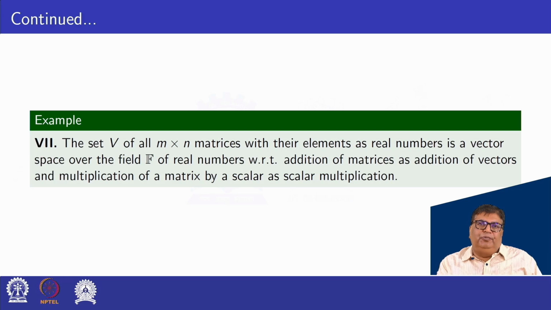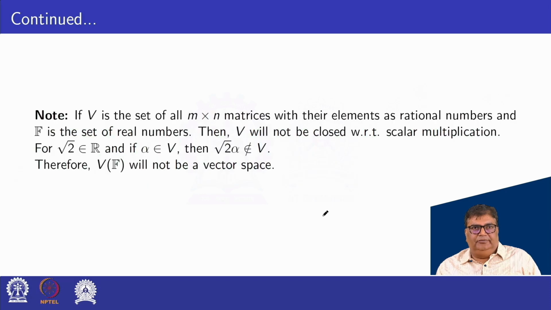We can prove so many examples of vector spaces. Some examples are as follows. The set V of all m cross n matrices with real number elements is a vector space over the field F of real numbers, with matrix addition as addition of vectors and multiplication of a matrix by a scalar as scalar multiplication, which are also satisfied.